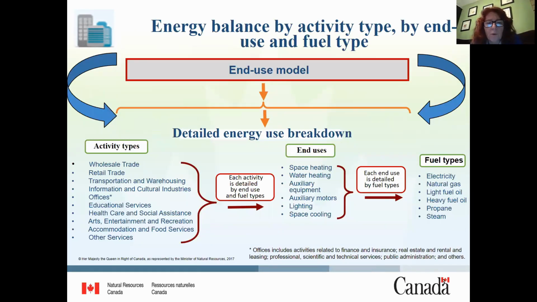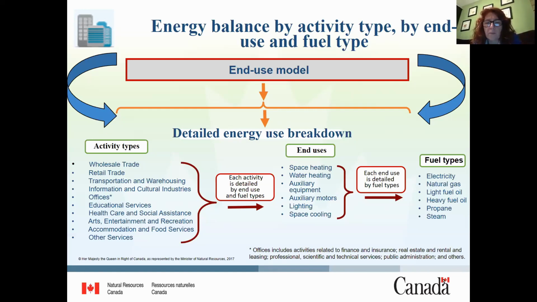Just to go through quickly what activity types we use here. So the major ones are the wholesale trade, retail trade, transportation, warehousing, office buildings, educational services such as schools and universities, healthcare, and social assistance buildings. So these are the activity types we have data for, and also by end uses, so space heating, water heating, auxiliary equipment, as well as fuel types.